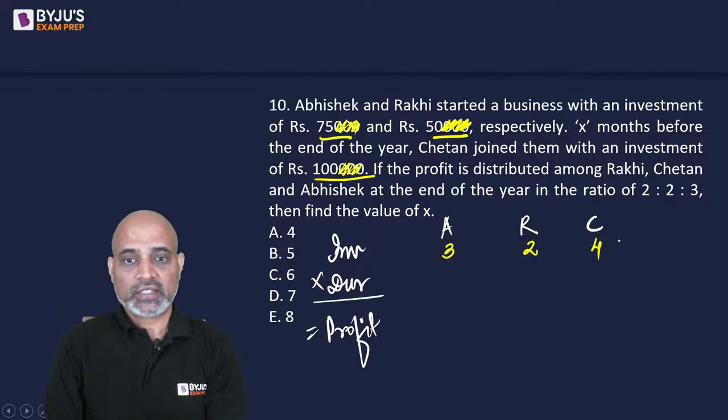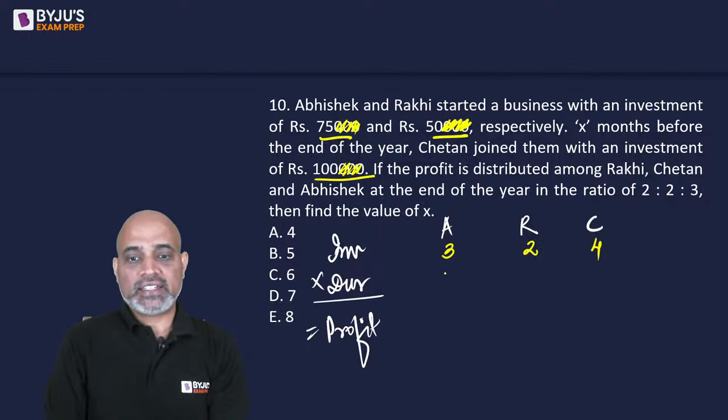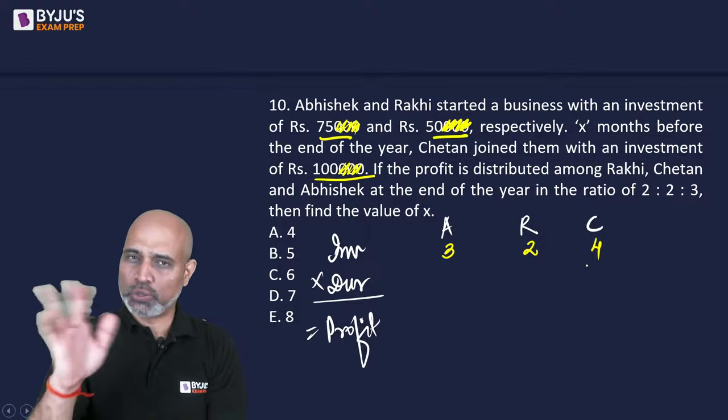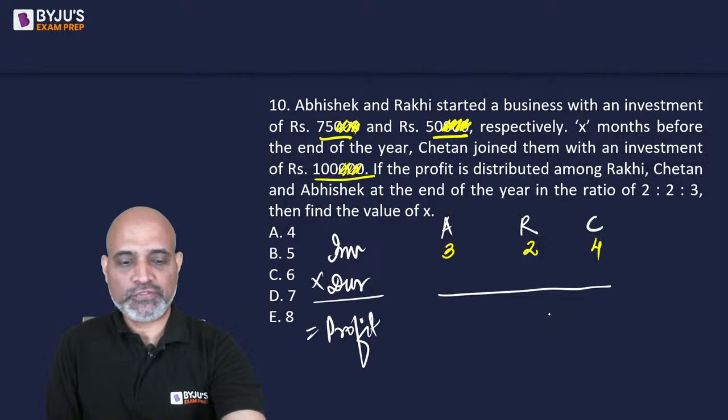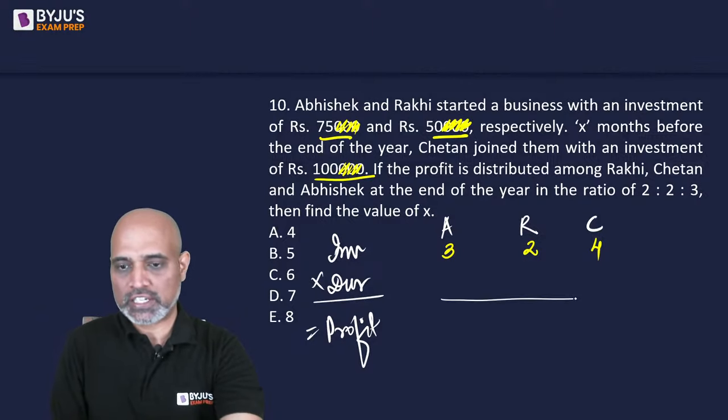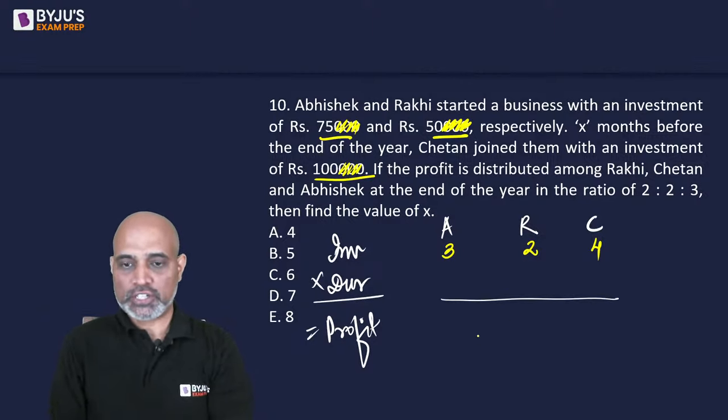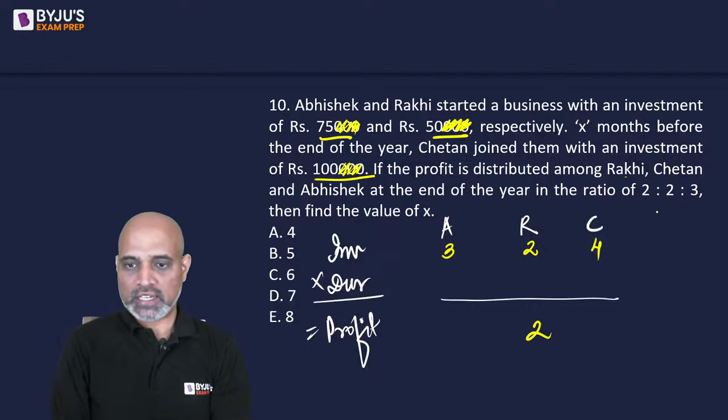Right? Since they started, okay, A and R, they started together. Chetan joined later. So what is the final profit ratio that is given to us? The final profit ratio is given to us is Rakhi ka 2 hai, Chetan is also 2 and Abhishek is 3.